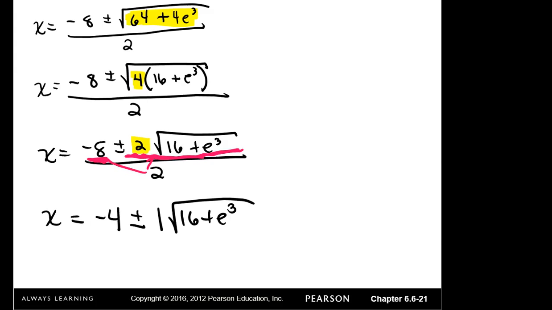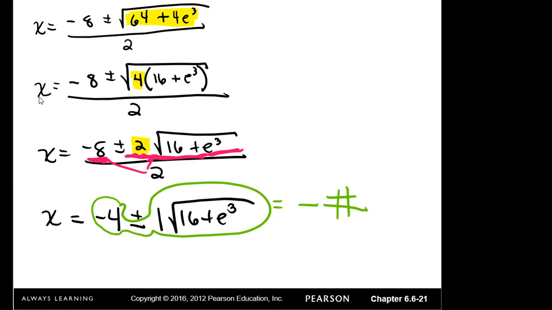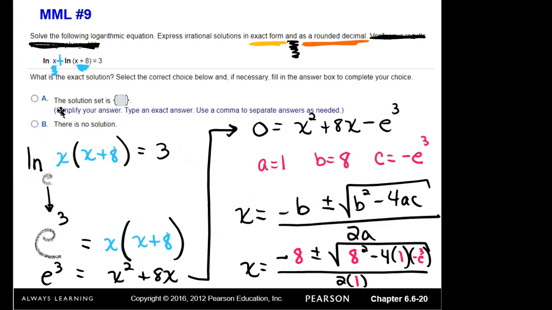And I can tell you right now that the minus isn't going to check, because if you do -4 minus all of this stuff, that's going to equal a negative number, which won't check in the original logarithm. Right here you have a log of x.